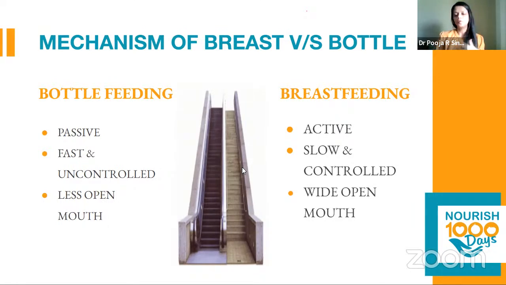Bottle feeding is a very passive activity, and does not require the child to make effort. Any bottle which is inverted, the milk will start flowing, so there is no effort required by the baby. It is a very fast flow and it's not controlled by the baby, and the baby needs to open a very small mouth to drink from the bottle. So this is the disadvantage of bottle feeding.